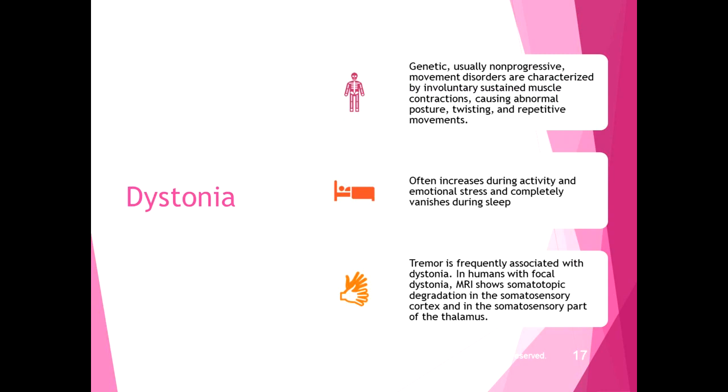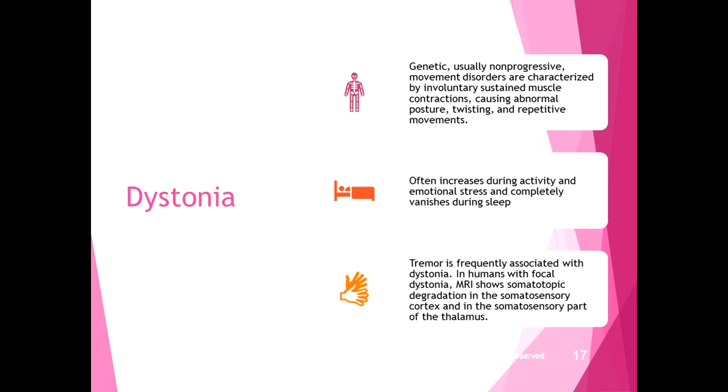With dystonia, it tends to be genetic. It's usually non-progressive. They're movement disorders characterized by sustained muscle contractions. It can cause abnormal posture, twisting, and repetitive movements. The abnormal movements often increase during activity and emotional stress, and they completely vanish during sleep.